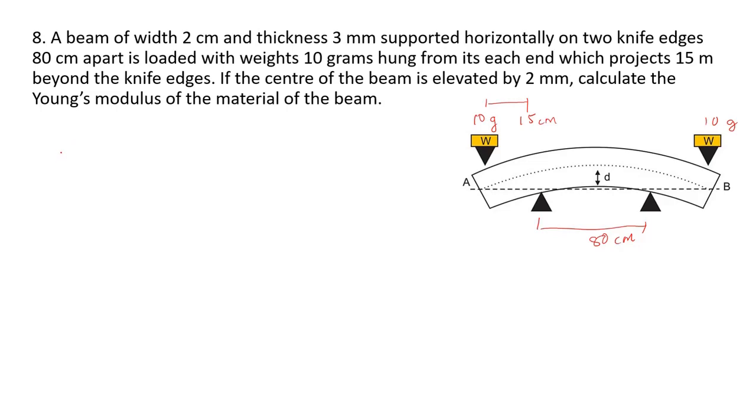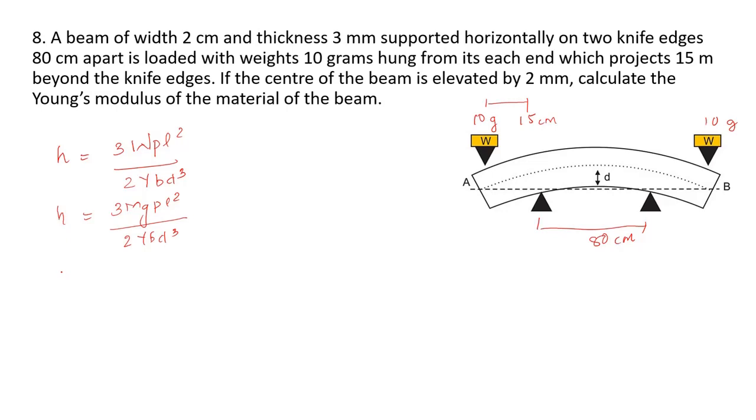So we have an equation for elevation. Since it is a rectangular bar, the equation for elevation is given by 3 W p L squared divided by 2 Y b d cube. We can rewrite W in terms of mass: 3 m g p L squared divided by 2 Y b d cube.